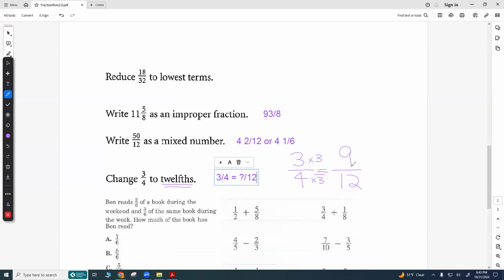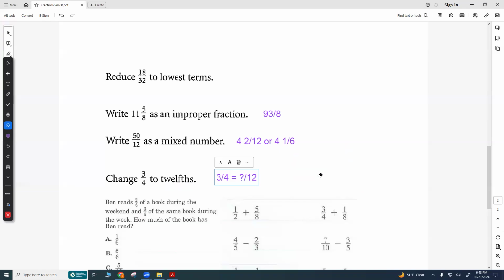So whatever I do to the bottom to get one number, I do the exact same thing to keep it in proportion. And then I can find all those equivalent fractions. 3/4 and 9/12 are equivalent fractions. Okay? Does that feel all right for everyone? Hopefully, yes. All right.